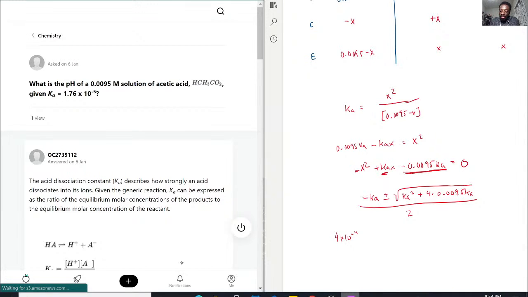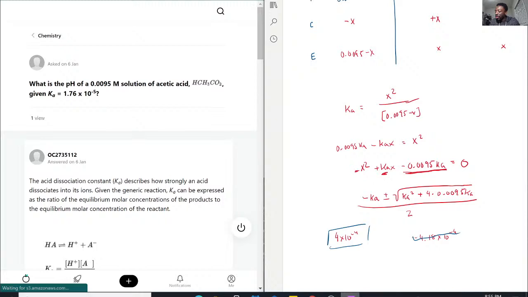And this one we have another answer of 4.18 times 10 to the negative 4, or negative 4.18. So with that being said, based on these two answers, the only one that works is this one.